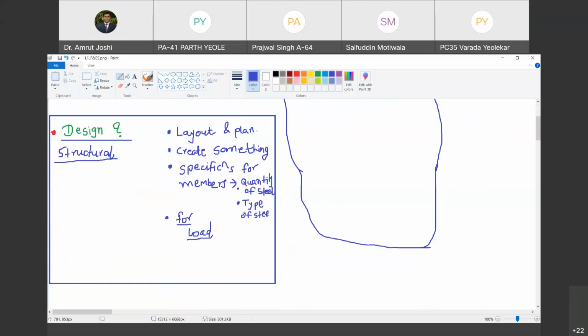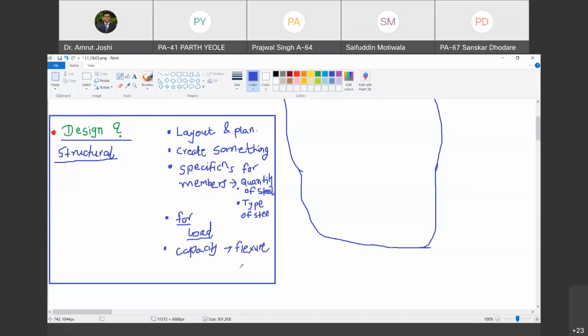I will wait for a couple of seconds and then we will start discussing actually what the structural design is. Sir, we analyze the structure in terms of its load bearing capacity, its flexural strength, and its other specifications. Good. So capacity in terms of flexion.